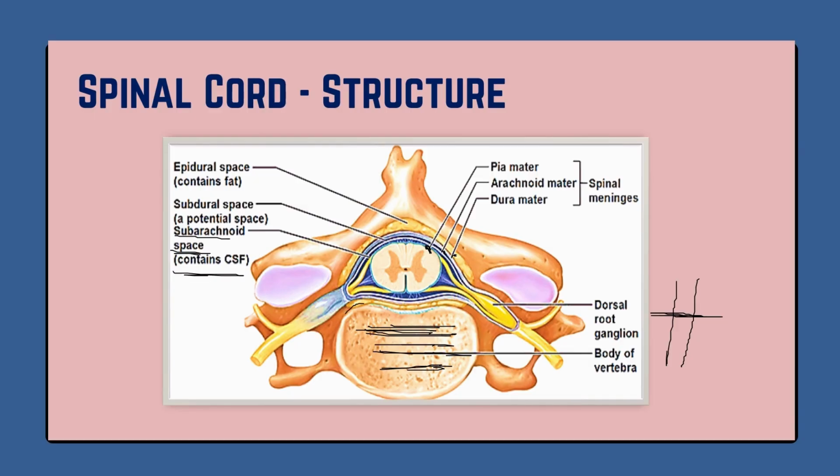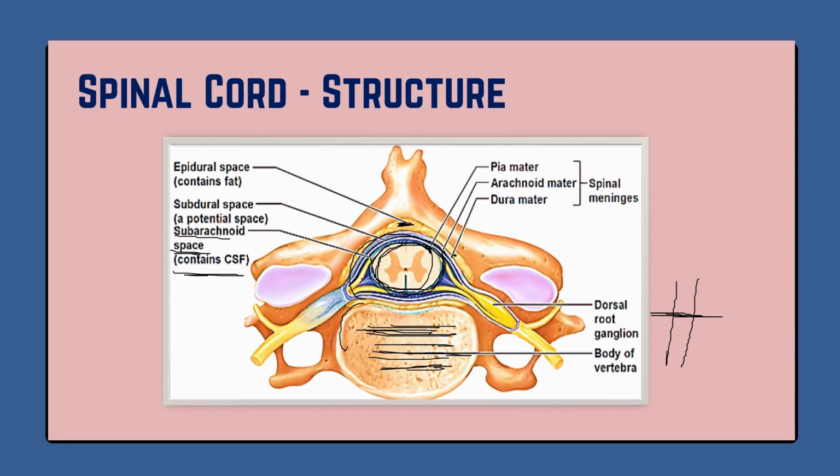So see, here there is the bony protection, here there is the meningeal protection, and inside here we have the actual spinal cord. So this is how a spinal cord looks. If you cut it and look at it from the top: bony protection, the actual spinal cord, the three meninges, and then cerebrospinal fluid. There are other parts also mentioned here, like the epidural space.